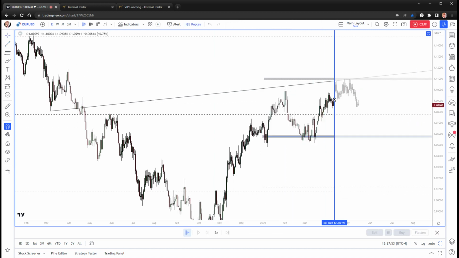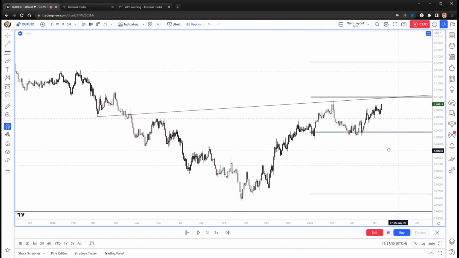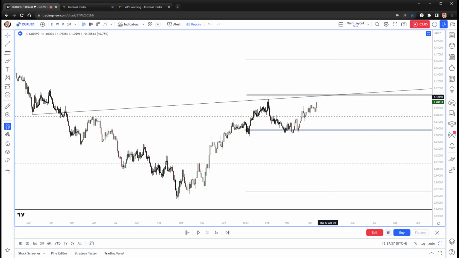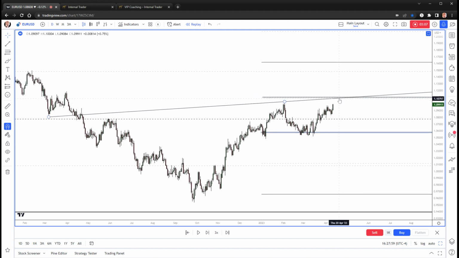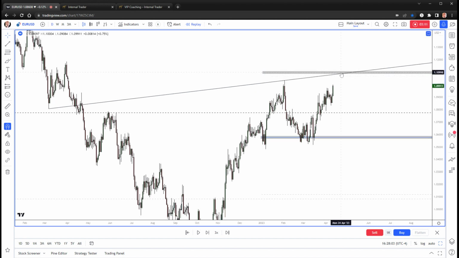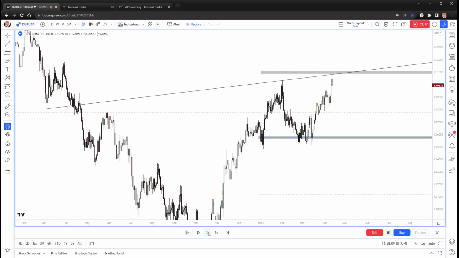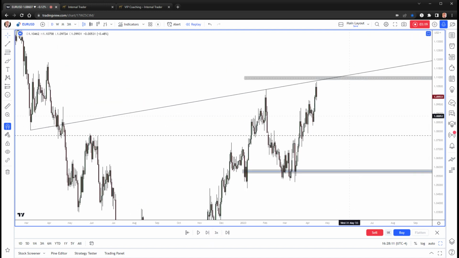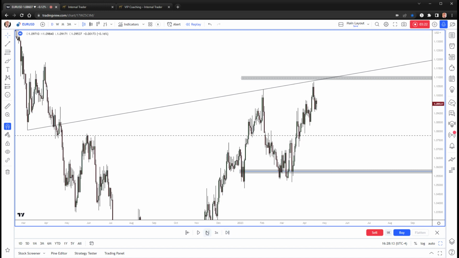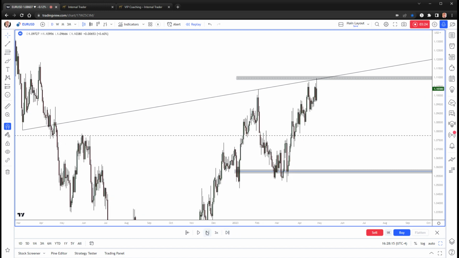Now, if I use the replay tool and I go back, I was looking at this level as a confluence. You had this trend line over here, and then we also have the median levels up here, right? So if I start drawing it forward, you can see we got close to it, but we didn't really hit this median level yet. And then we crept up, and once we got to this level and I saw this big wick pullback, that kind of threw me off a little bit.